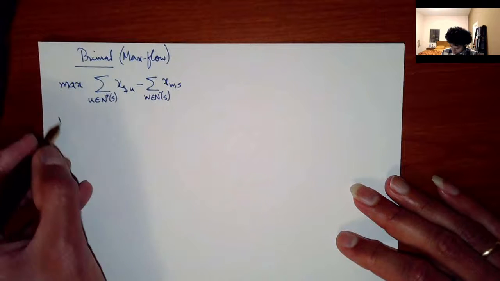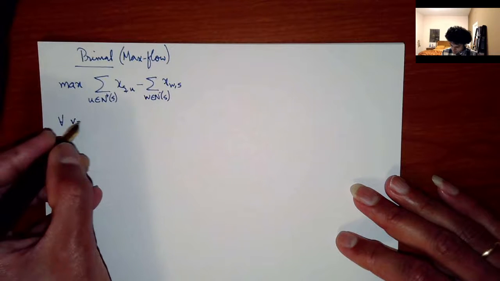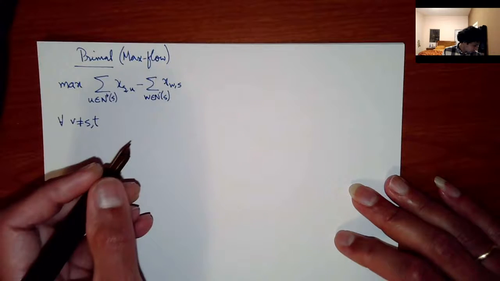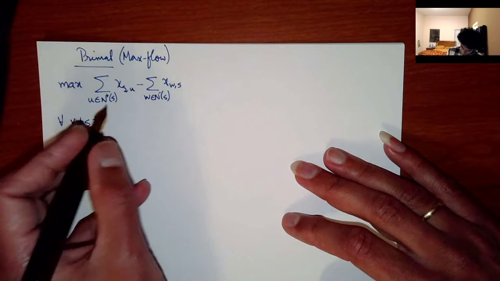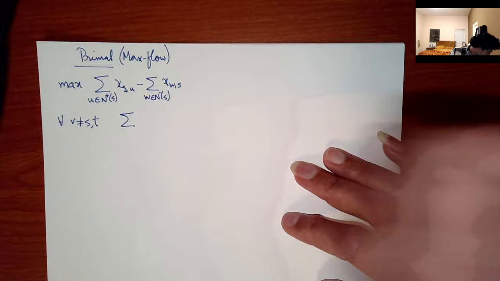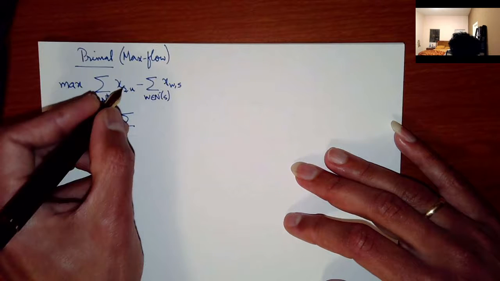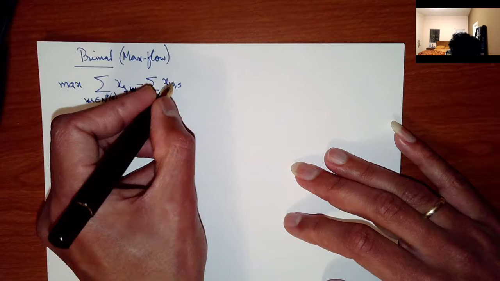That would just say that for all V not equal to S comma T, sorry, I'll just say W is here and U is there, it doesn't make a difference.